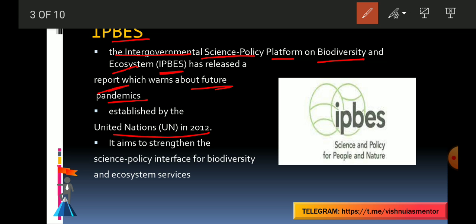So what is the main aim of this IPBES? The main aim is to strengthen the science policy interface for biodiversity and ecosystem services.